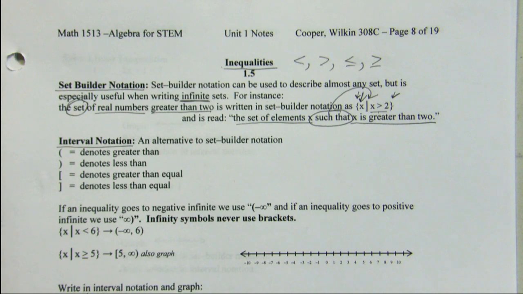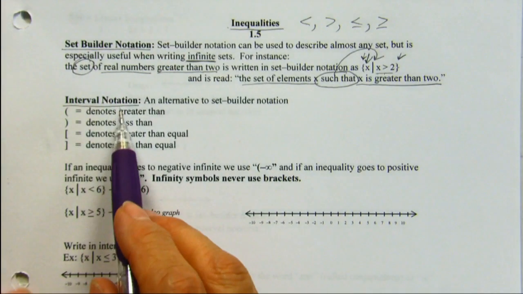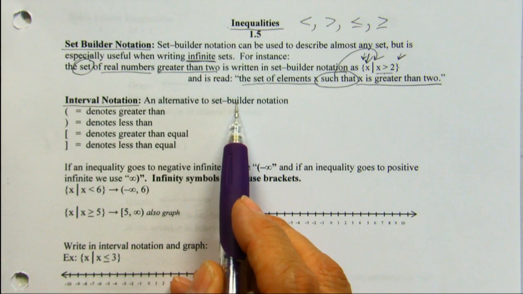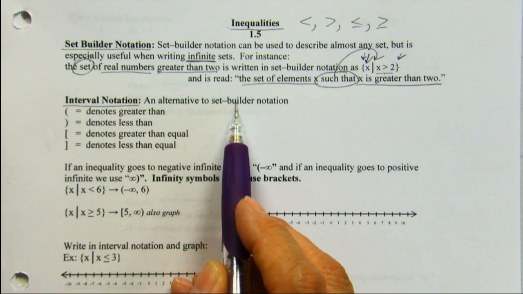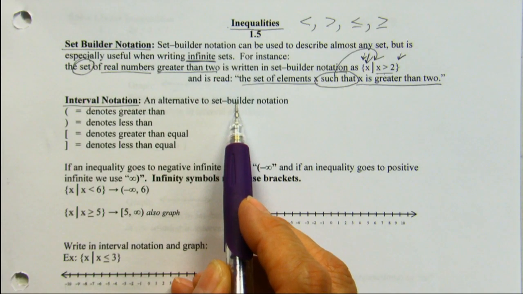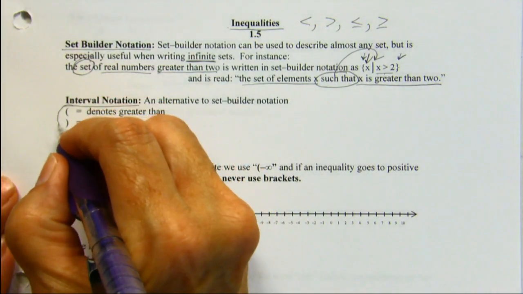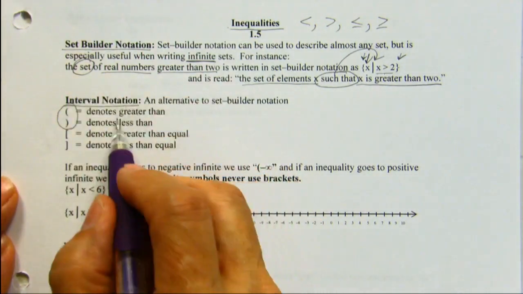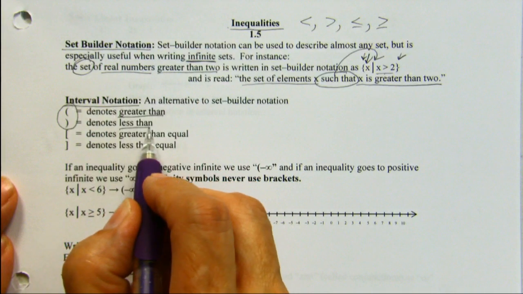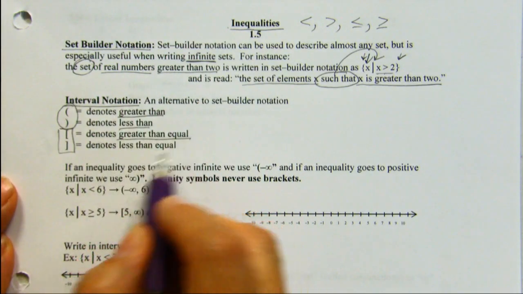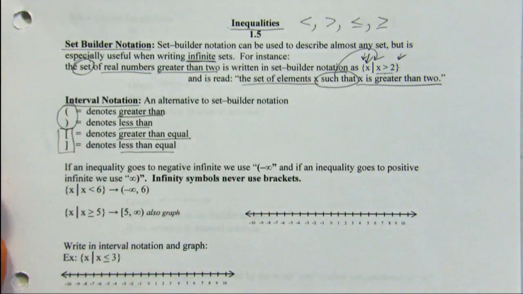When we're working with interval notation, it's just an alternative to set builder. It's a lot fewer characters, so I think that's why interval notation has become so popular. We're going to use parentheses for greater than or less than, and we're going to use brackets for greater than or equal, less than or equal.